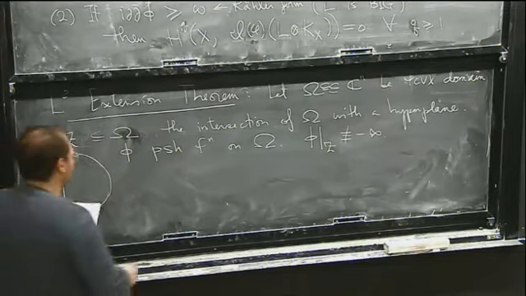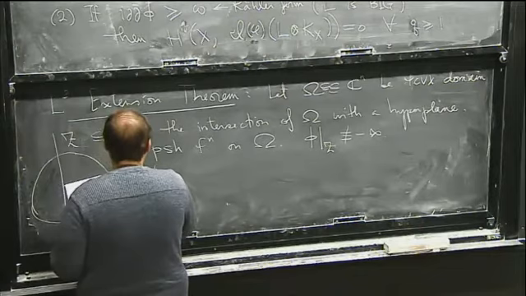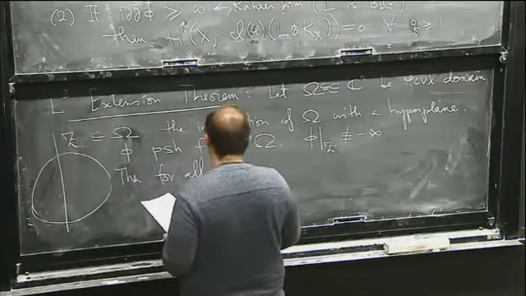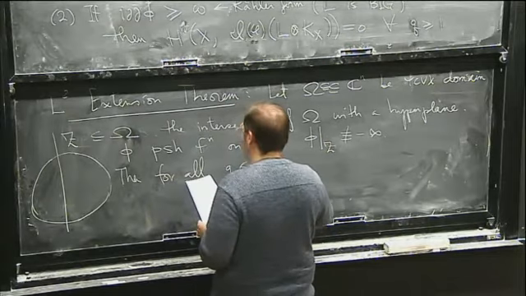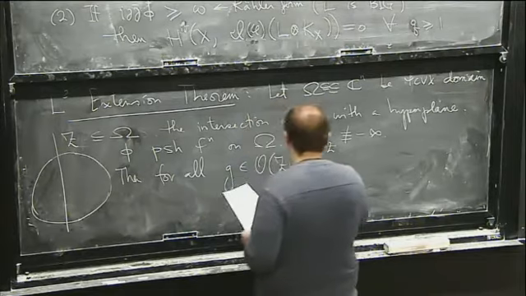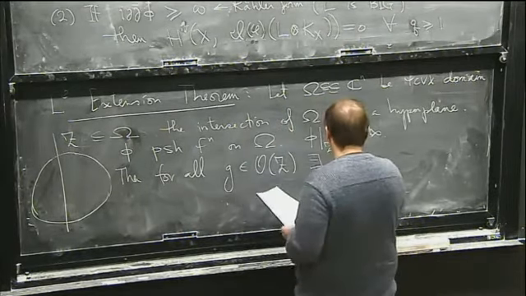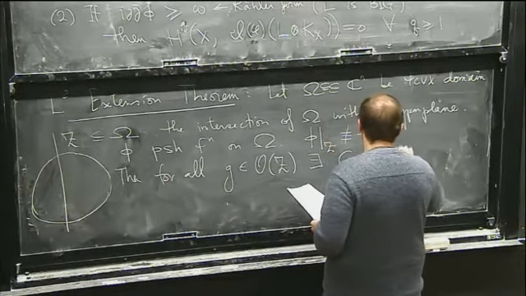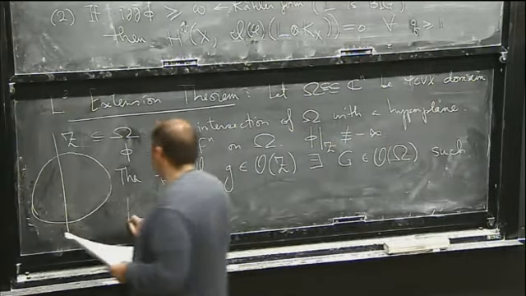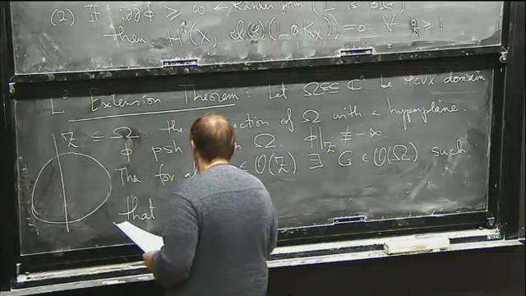Okay, then for all g holomorphic functions on this Z, there exists some capital G which is holomorphic on omega such that this G restricted to Z is equal to g.